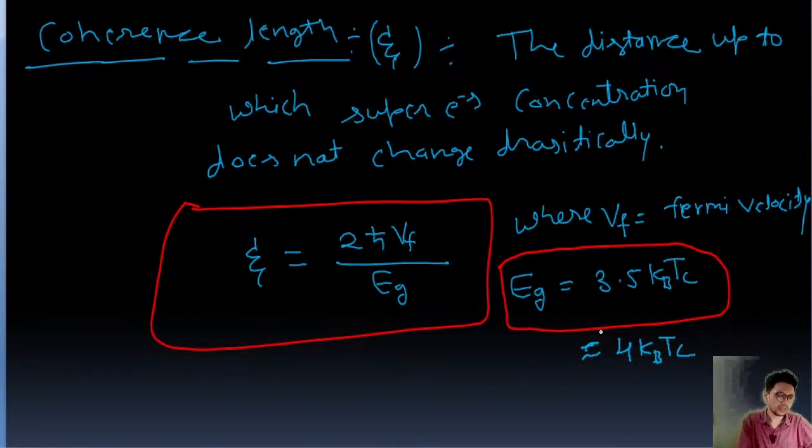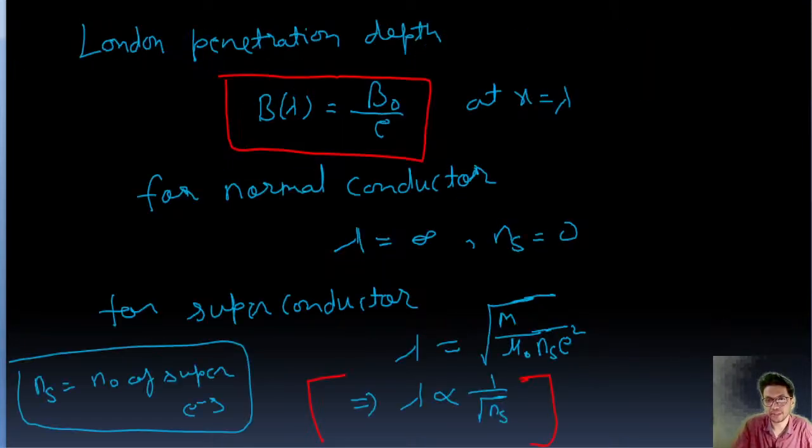Now this is an important one, guys. I have explained type 1 and type 2 superconductors earlier. For a type 1 superconductor, you need to know that zeta, that is the coherence length, is greater than lambda, where lambda is the penetration depth.